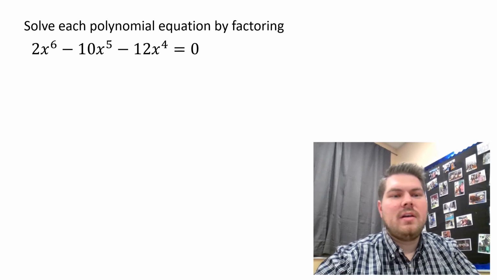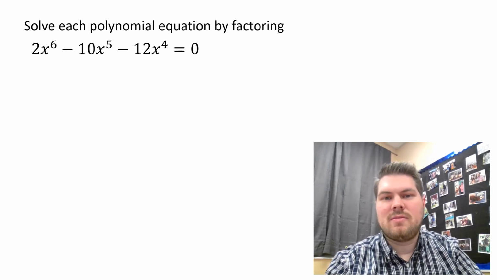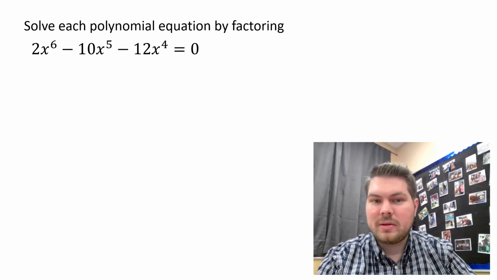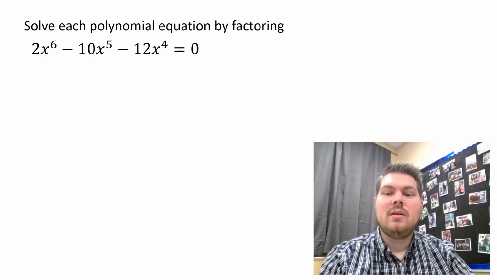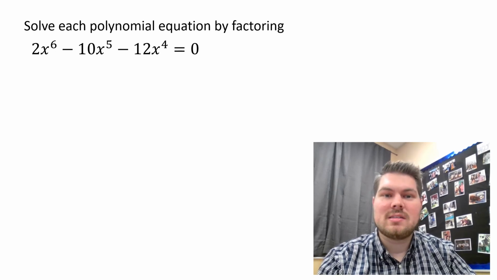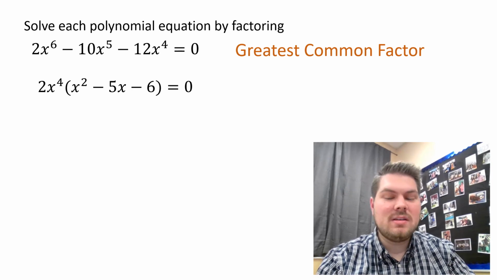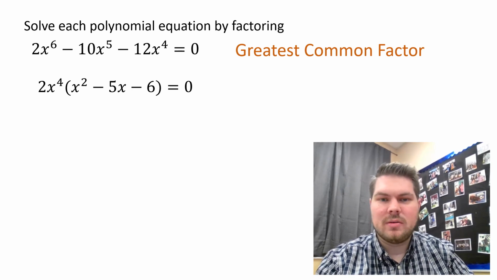Here we have 2x to the 6th minus 10x to the 5th minus 12x to the 4th. First, always start with your greatest common factor, which hopefully you've caught on is 2x to the 4th. Now, this leaves us with a nice trinomial that we can solve using our x method.